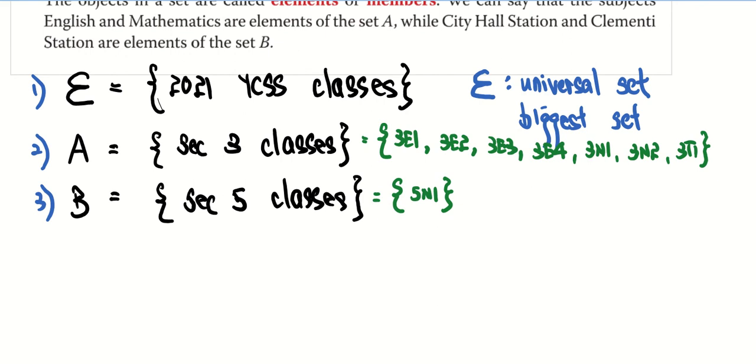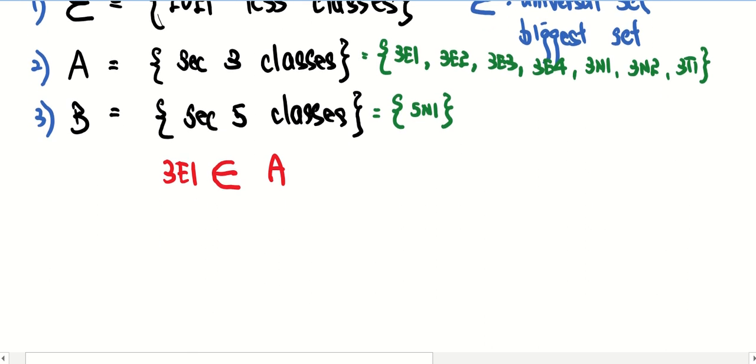So, I'm going to make this statement now. Do you agree with this statement in red? 3E1 is an element of A or belongs to A. Alright?